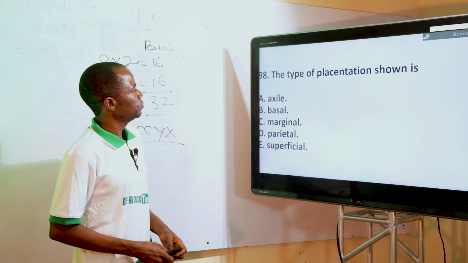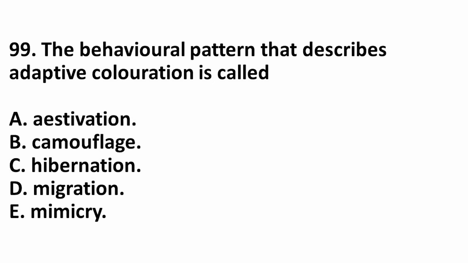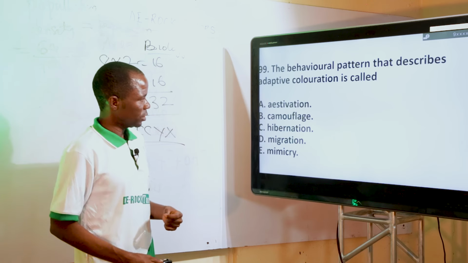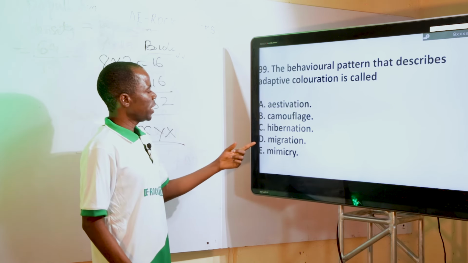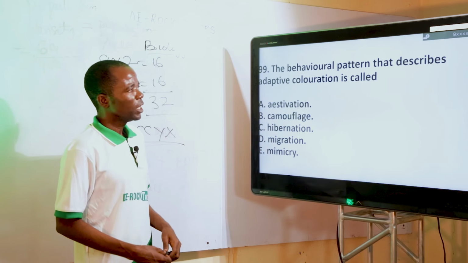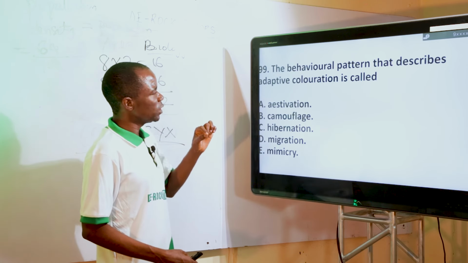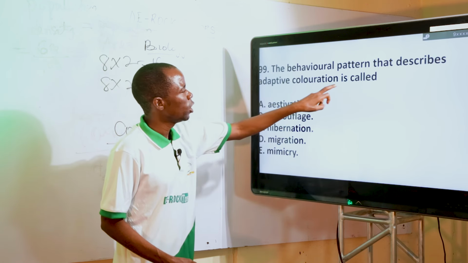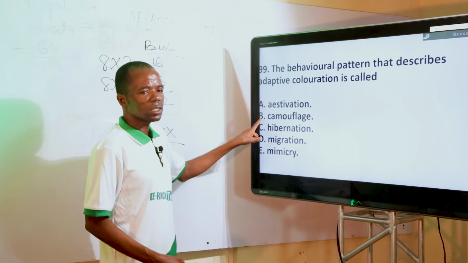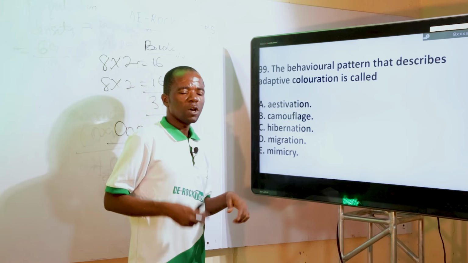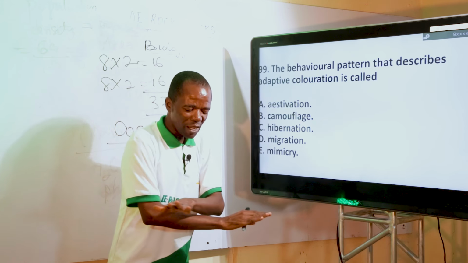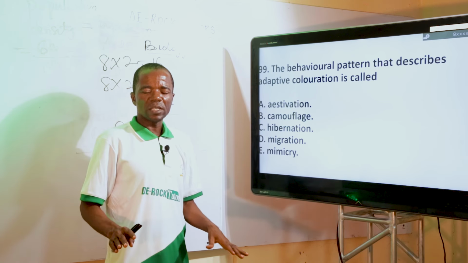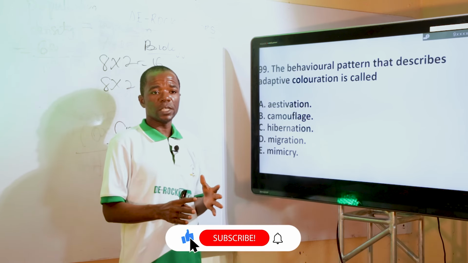Let's look at number 99. The behavioral pattern that describes adaptive coloration is called dash. Options: activation, camouflage, hibernation, migration, and mimicry. The operative word here is adaptive coloration. The correct answer is camouflage. At times, organisms camouflage themselves so that they blend in with their environment, therefore escaping from predators.